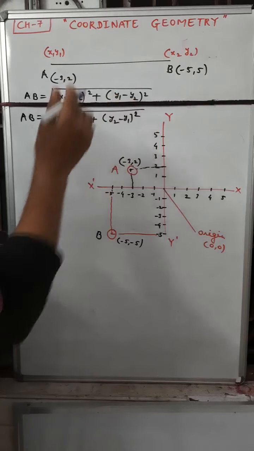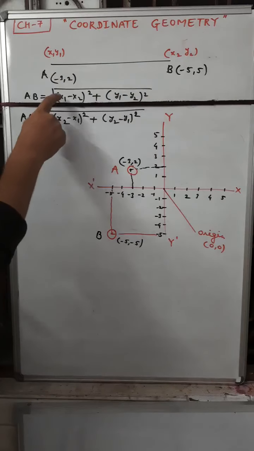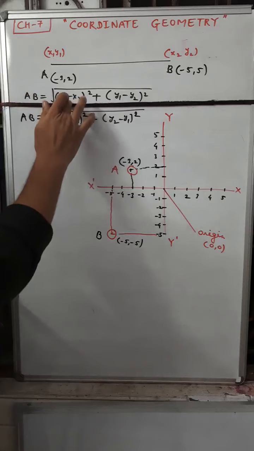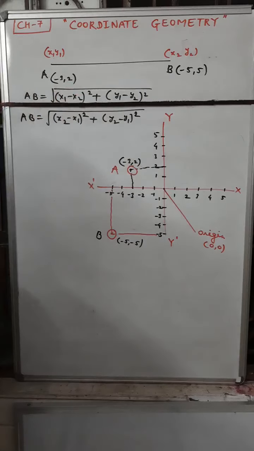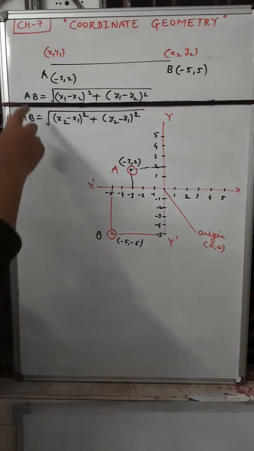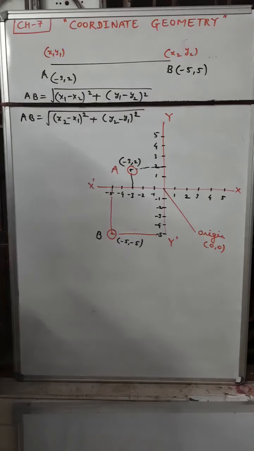Both formulas will give the same result, because x1 minus x2 whole square is positive and x2 minus x1 whole square is also positive. So both formulas you can use, and you will get the same result.